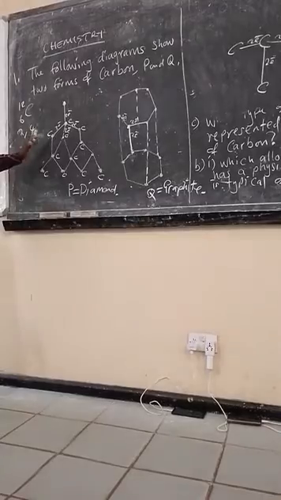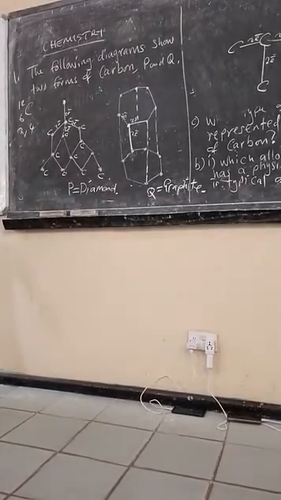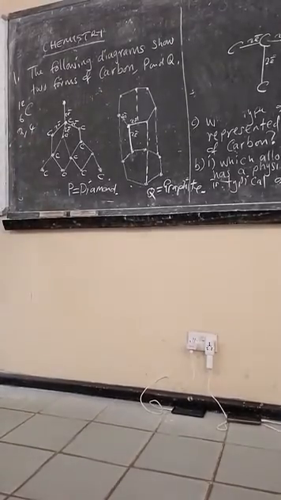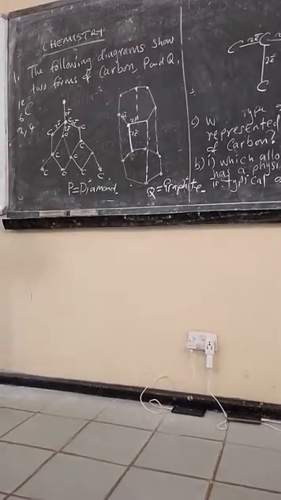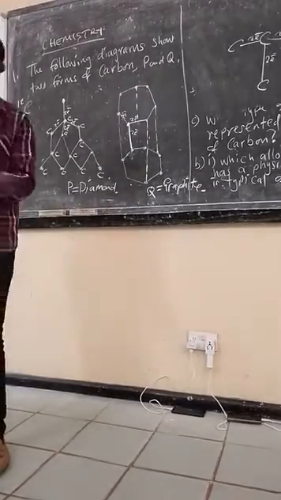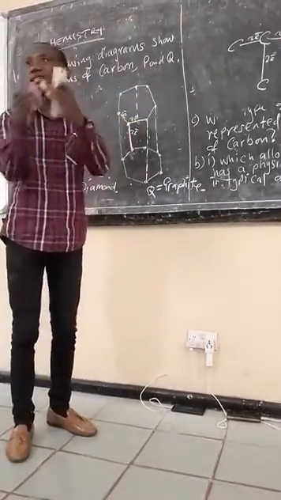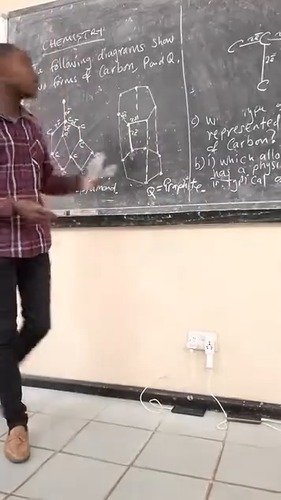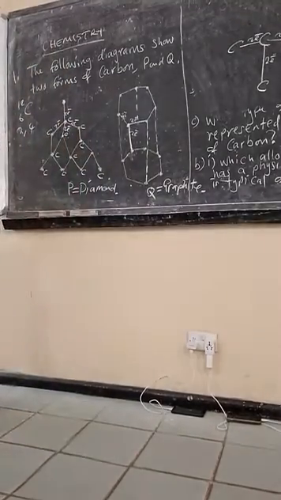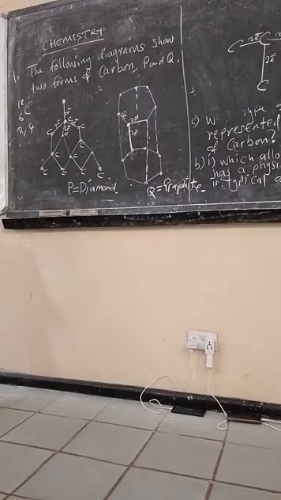It is used, one, in the making of cutting discs. Discs, like those for the grinder, those discs which they use to cut metals, they use diamond. Have you ever seen a drilling machine?